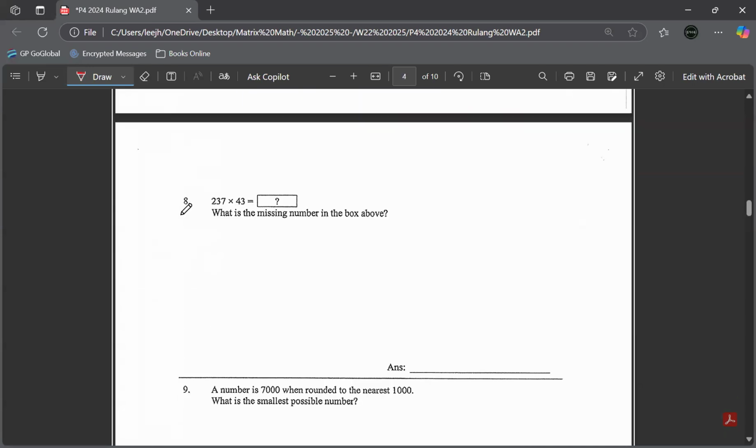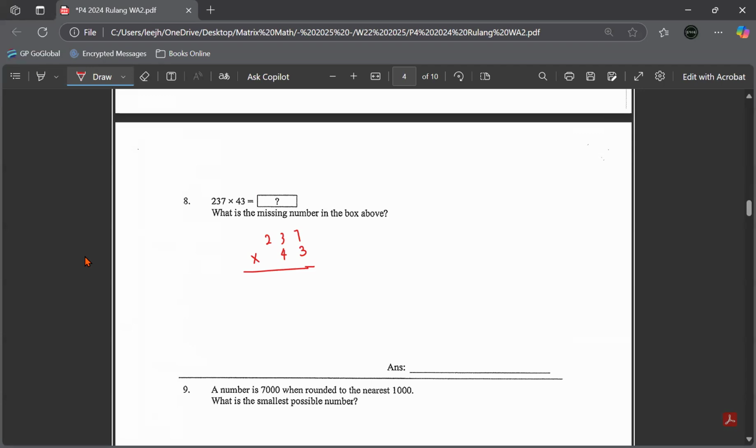Question number 8. What is 237 times 43? What is the missing number in the box above? For this question, please do your working. 237 times 43. I'm going to use two colors.